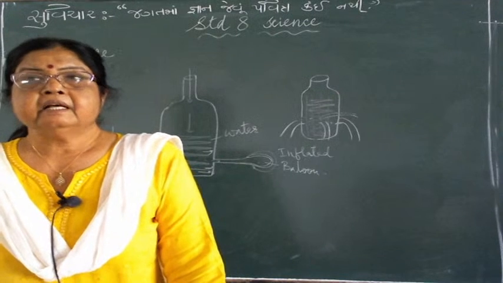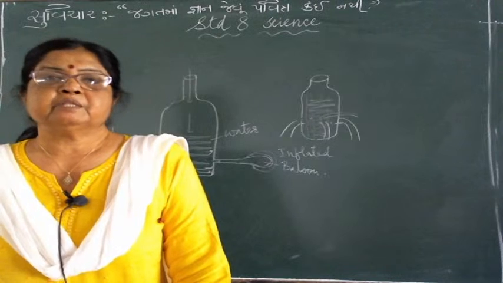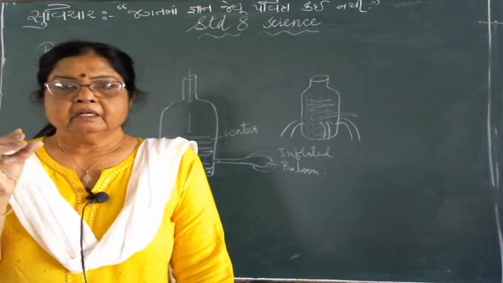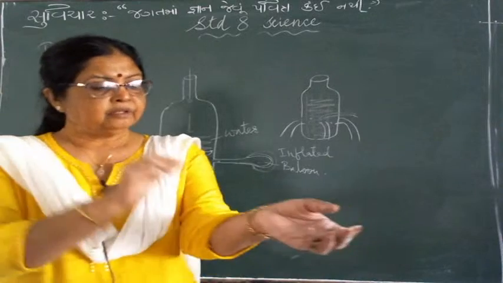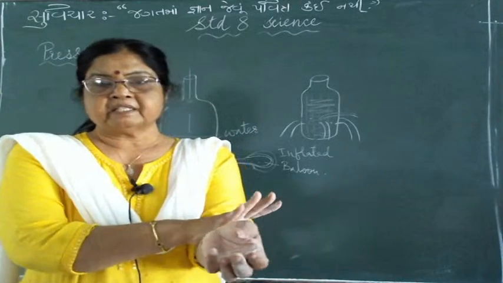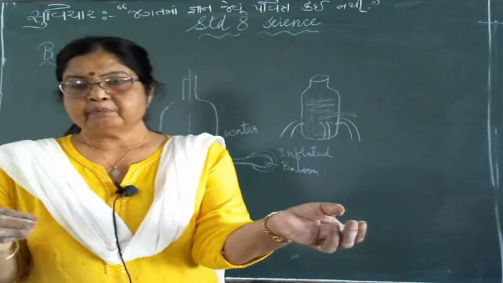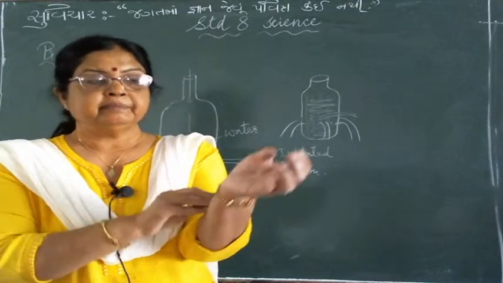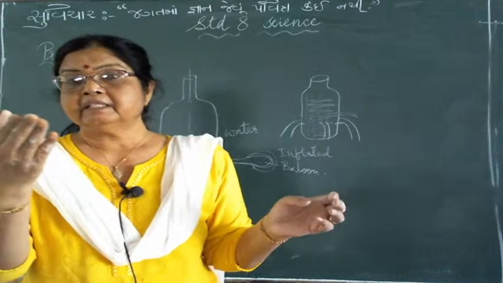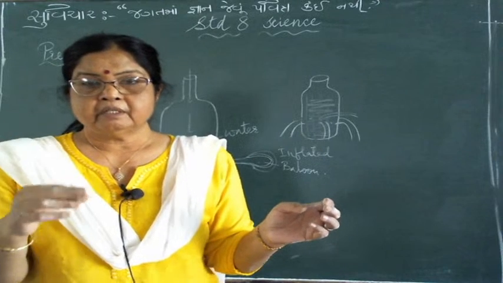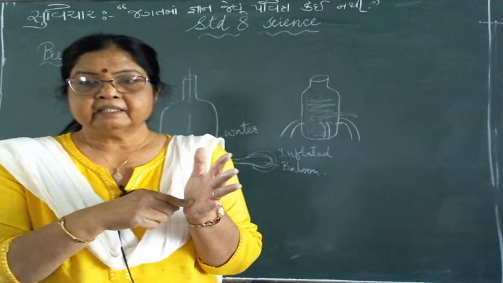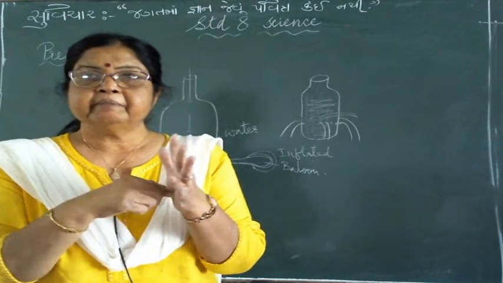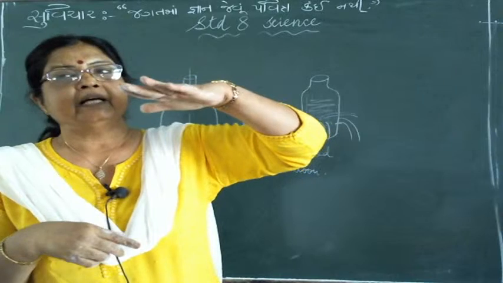Many times you must have experienced this: you take the cover of the bottle and put it on your wrist and press it, and when all the air is gone from it, it will stick. You have done this many times in school. The cover of the pen, you press it here and the cover remains here even if you move it.